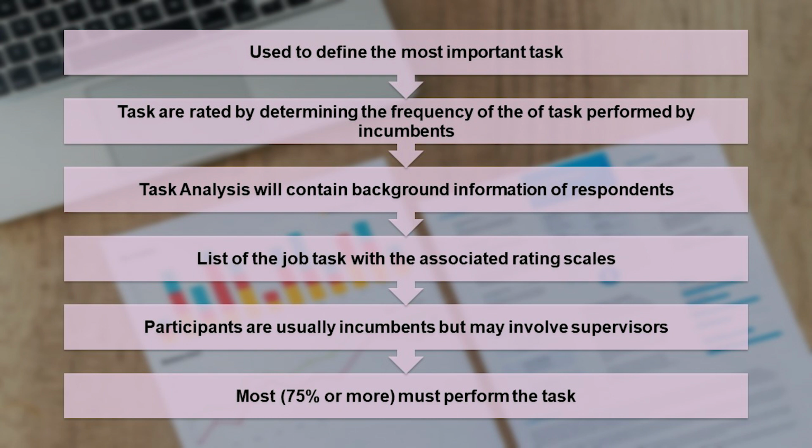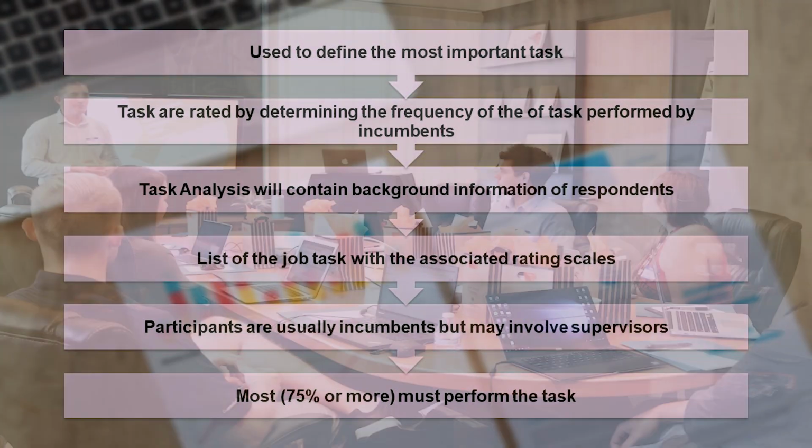It also lists the job tasks with the associated rating scales. So we do have the rating scales in an organization for rating the performance of an employee. Participants are generally the supervisors, and most of them are involved in the process of performing the task.